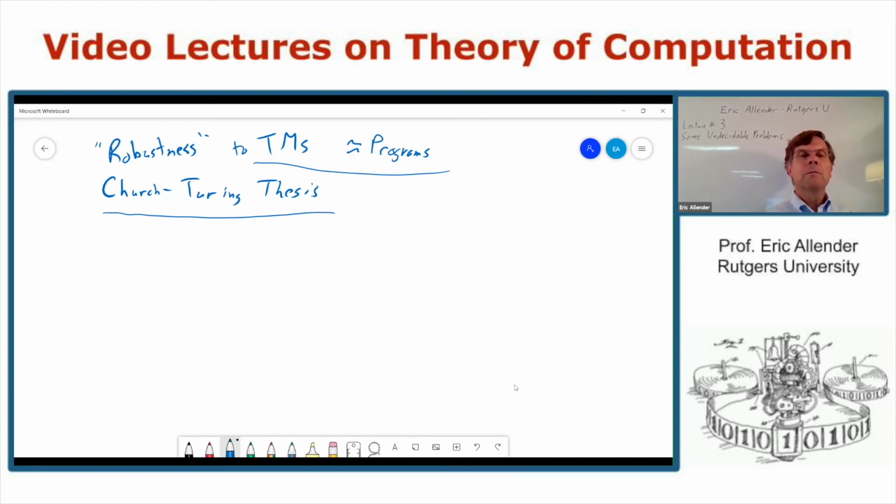We've also given some examples of undecidable problems, and central to this is the universal Turing machine, which just relies on the very basic notion that you can build a simulator for Turing machines or for any other programming language using a Turing machine.